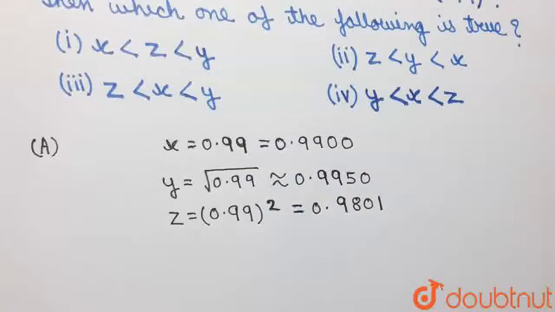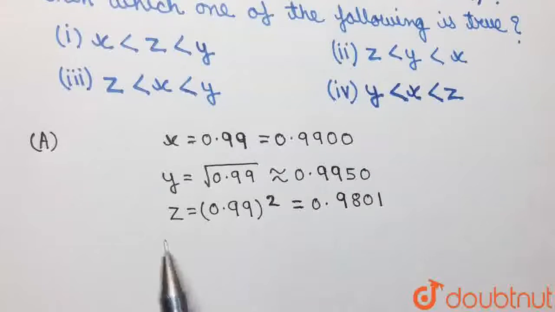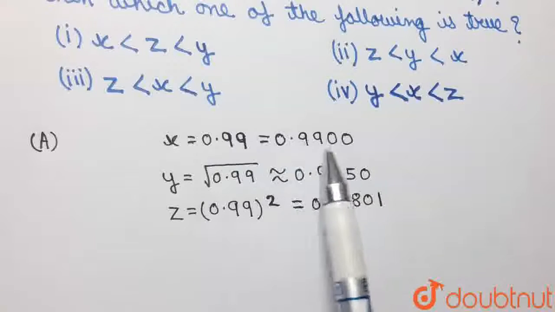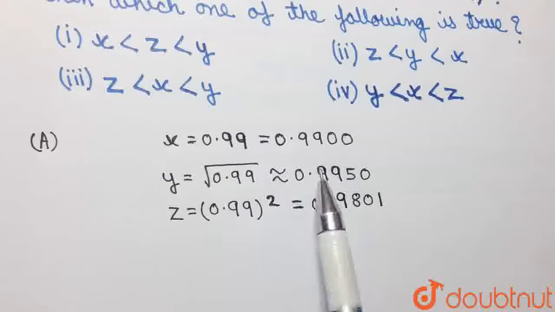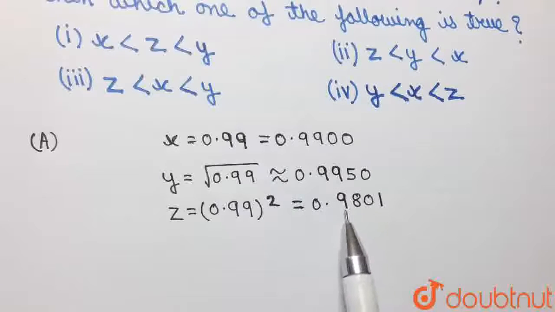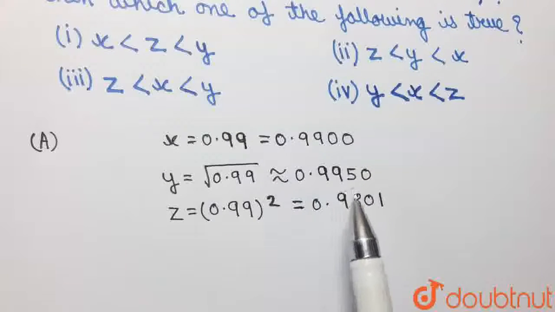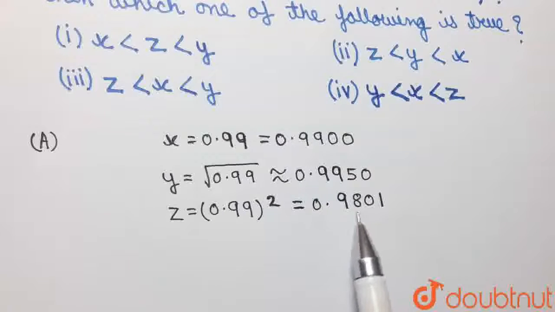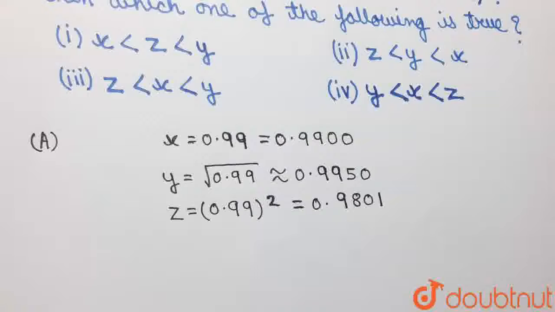Okay, so now we have the values of x, y and z till 4 places after the decimal, and we can observe that of these 3 values, z has the least value. Because in the first place after the decimal, x, y and z all have 9, and in the second place after the decimal, x and y have 9, whereas z has 8. So z is the least of the 3.